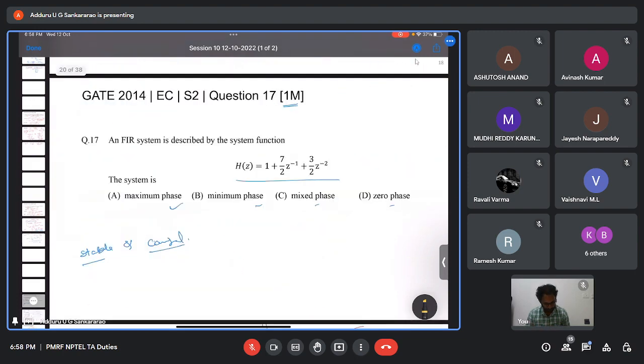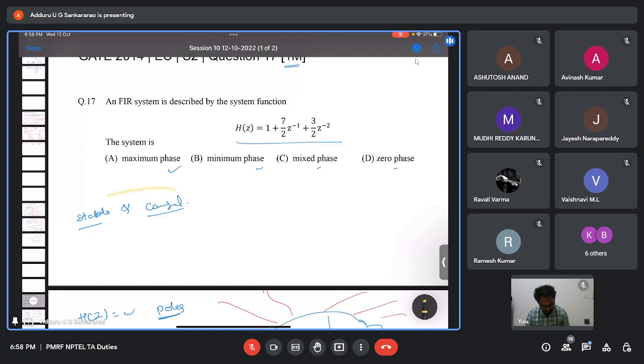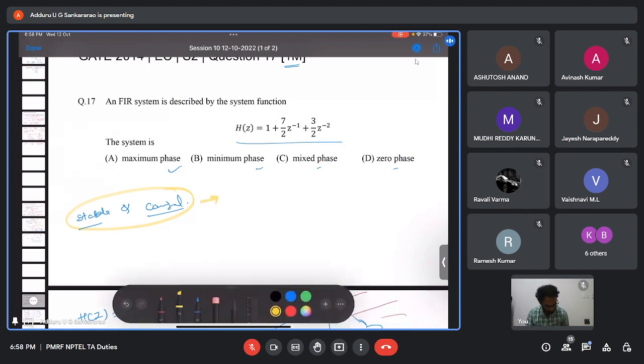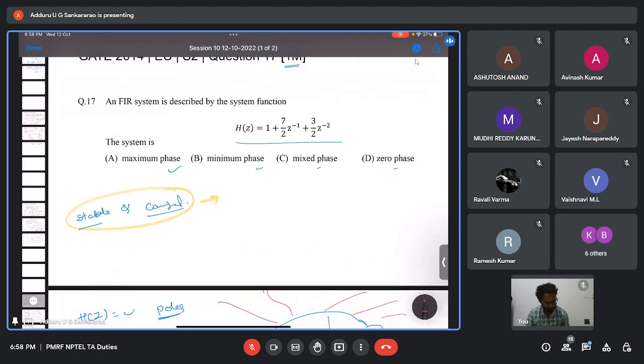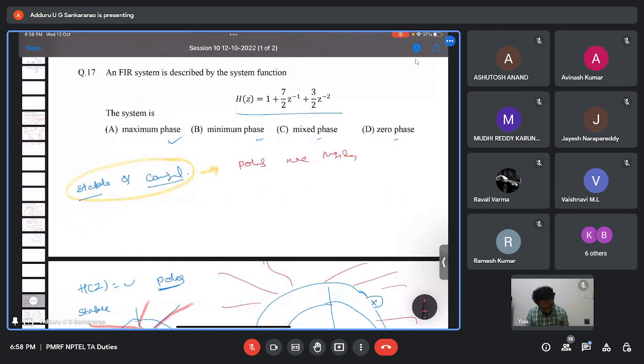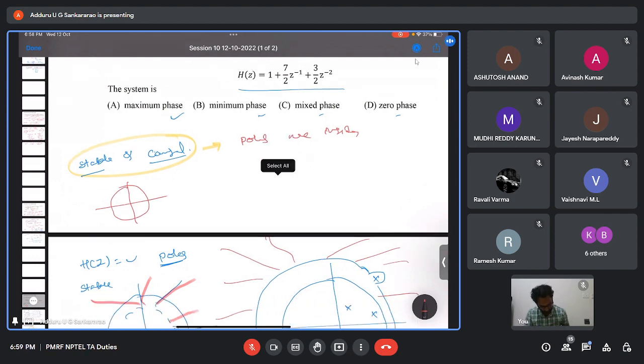Suppose you take a stable and causal system, then by default all the poles are inside the unit circle. For a stable and causal system, poles are always inside the unit circle, that is for sure.